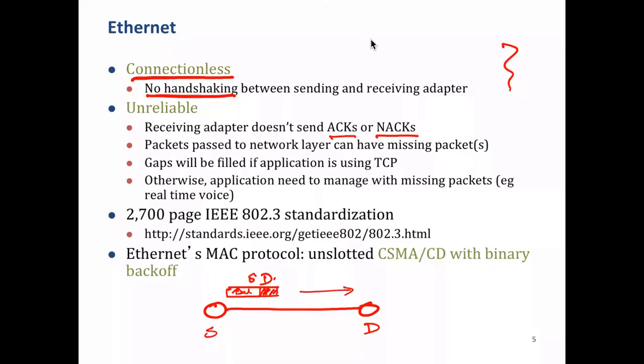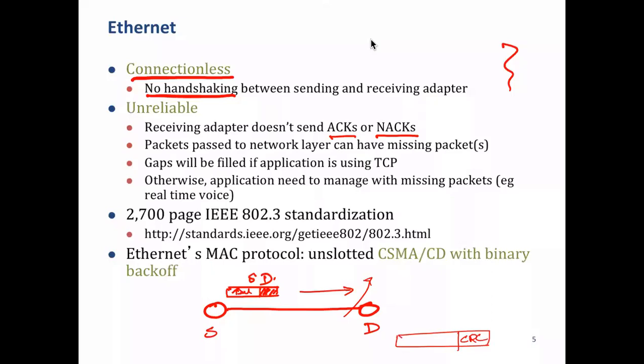Whatever packet is received is just passed on to the higher level, and just minimum checks are done. We'll come to that. At the end, there is a cyclic redundancy code, which checks if one or maybe two bits are in error and so on. So these are error detecting codes that are there, and that's the minimal check done.